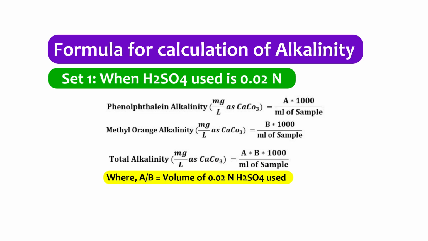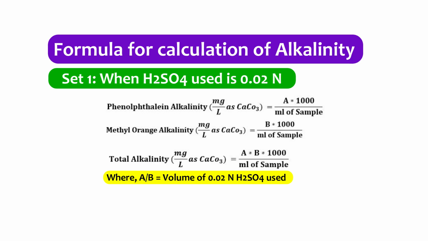And a question might arise that why do we have to estimate for phenolphthalein alkalinity and methyl orange alkalinity and then total alkalinity? The simple reason is because there are two different indicators that we will use when you analyze alkalinity in any water samples.